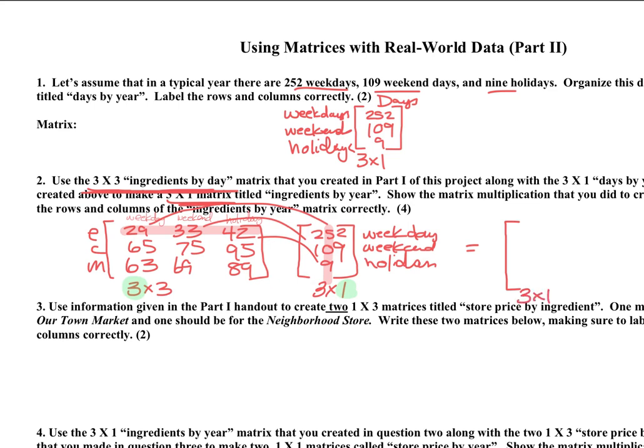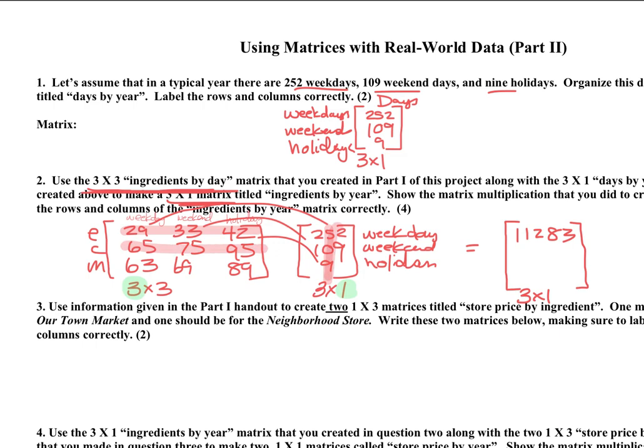And I don't know how big these numbers are going to be, but I'm doing my calculation right now. And when I do 29 times 252 and 109 times 33 and 42 times 9, it looks like I'm going to get 11,283. Okay, let's do the other ones. Let's go over here to cream and multiply it by the number of days we have.